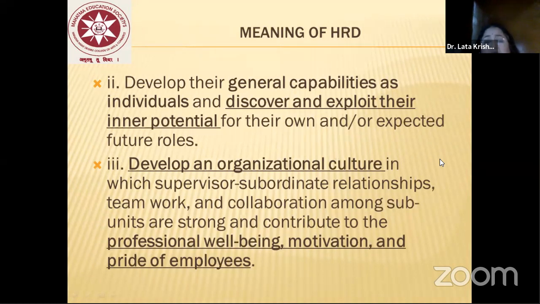So HRD is definitely about giving task related potentials, but it is also encouraging the human resource to discover themselves, to find out their hidden talents, their inner potentials, and also give them an opportunity to train and bring out those hidden potentials to the benefit of the organization and the benefit of the employee also.